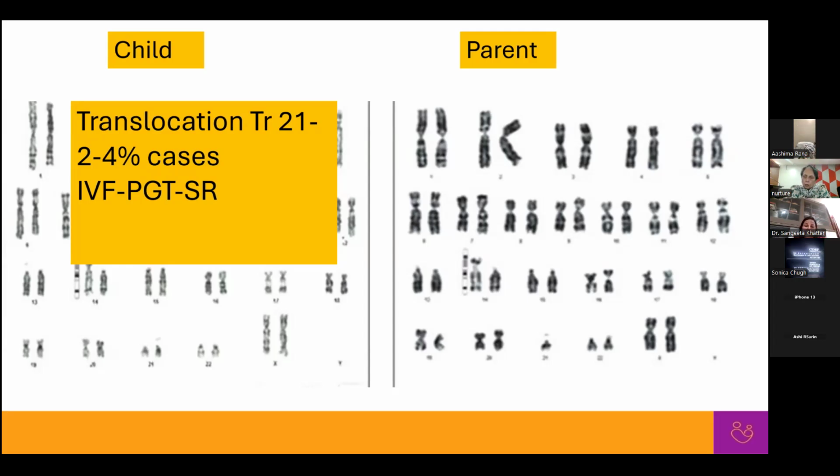We can advise them in these cases. Otherwise, if it is free trisomy, we can go away with NIPT also. If the ultrasound anomaly scan is normal, we can go away with NIPT as well. And if the patient is otherwise going for IVF and wants to be on the safe side, that can be offered. There is no harm in offering.